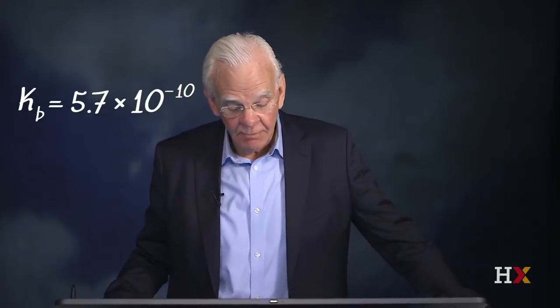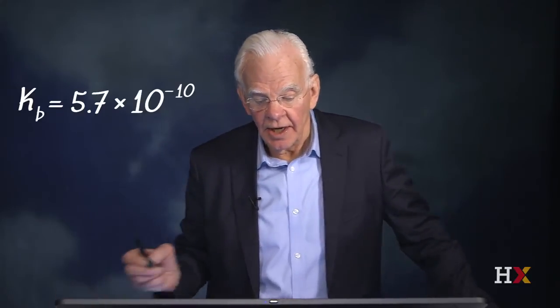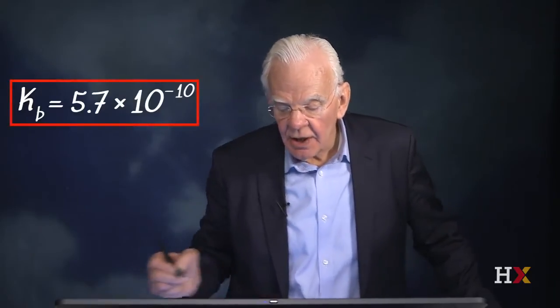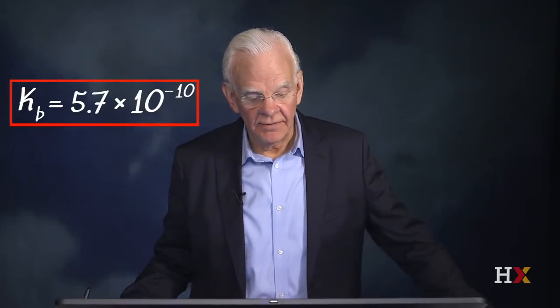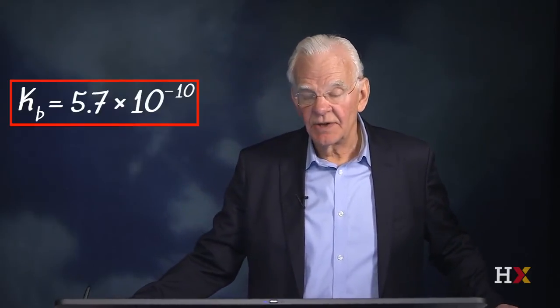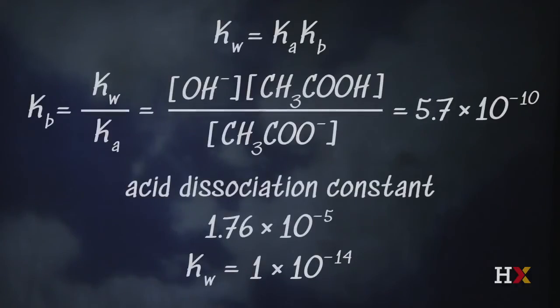Again, it's small, which means that the reaction has gone only slightly to the right, and when the equilibrium is established, we have only a small fraction of that acetate anion being converted back to OH minus and the acetic acid molecule. So now we come to the quantitative analysis of this. The first point is that we've calculated our equilibrium constant for this reaction.